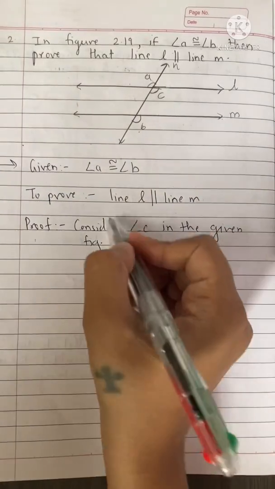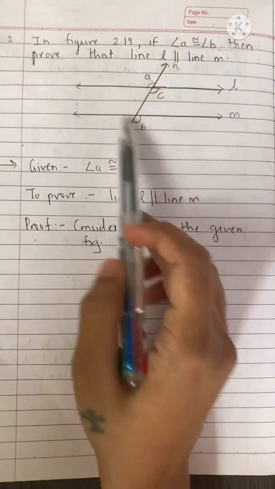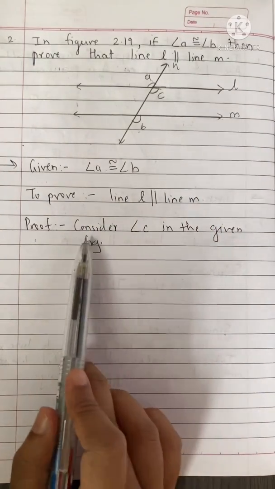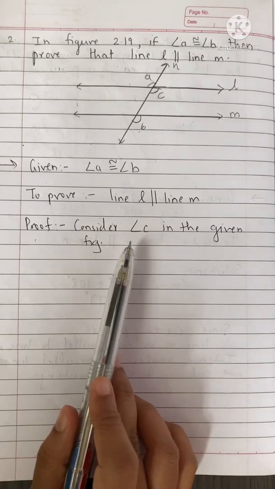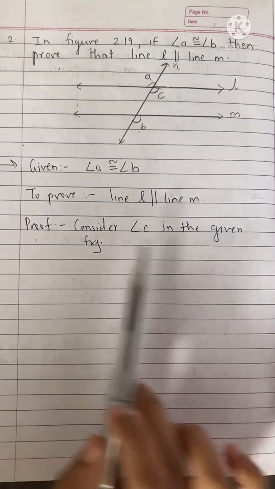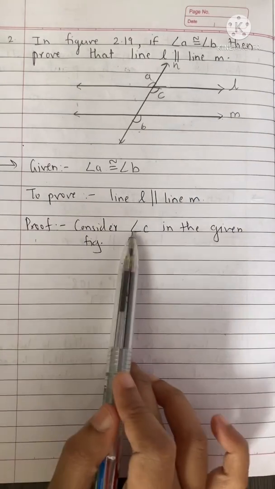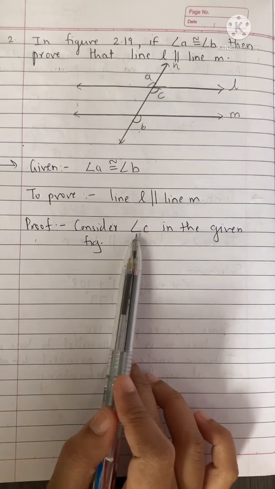Okay, it is always better to write down whatever changes you make in the figure, because if you don't write it down, the examiner gets a chance to cut your marks. So always write down whatever changes you make. So we have taken angle C in the given figure.